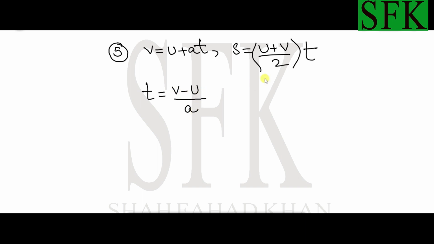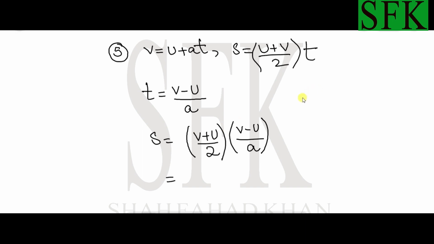v minus u upon a, when plugged in place of t, it becomes s is equal to v plus u upon 2 multiplied by v minus u upon a. Now v plus u when multiplied by v minus u, according to the identity of mathematics, a squared minus b squared equals a minus b multiplied by a plus b.